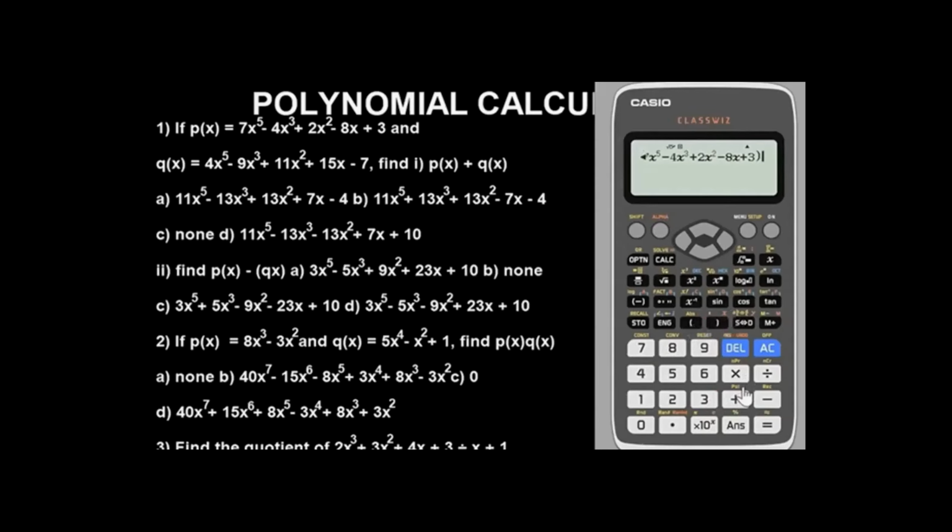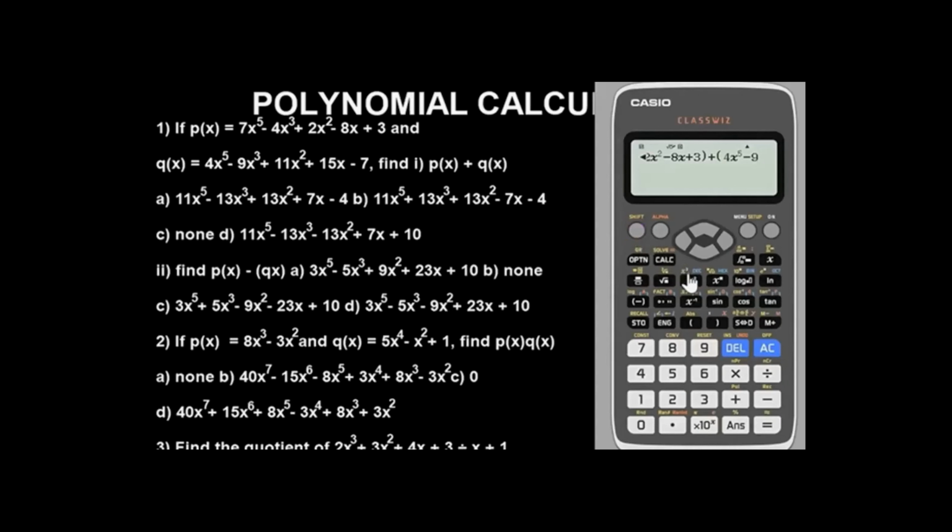So remember we are doing addition, plus, then the next polynomial, Q of X, we have it to be 4, alpha x, raised to power 5, minus 9x cubed.